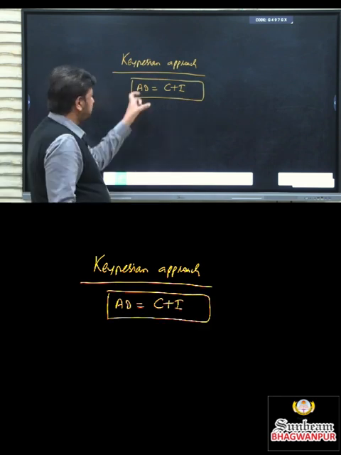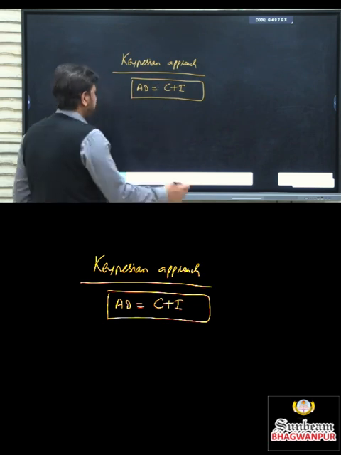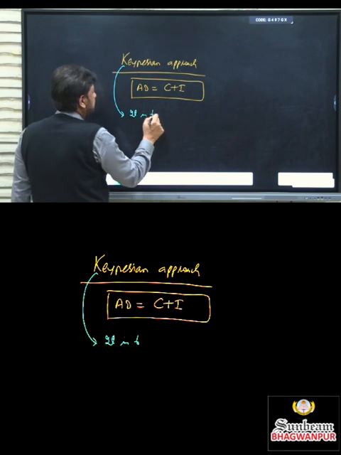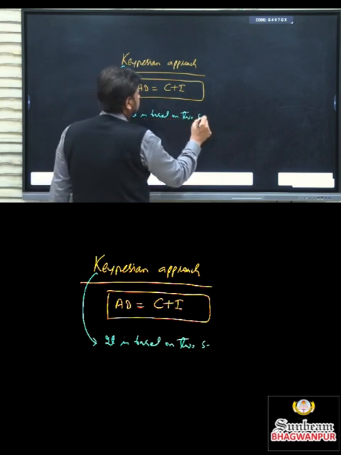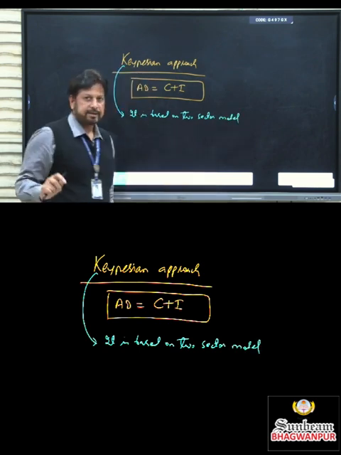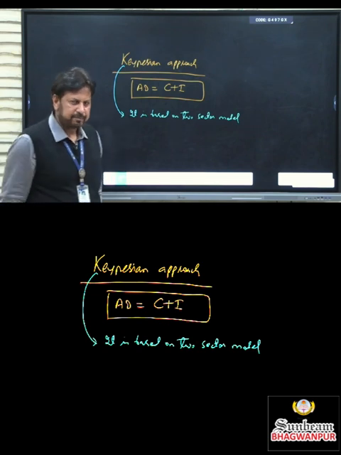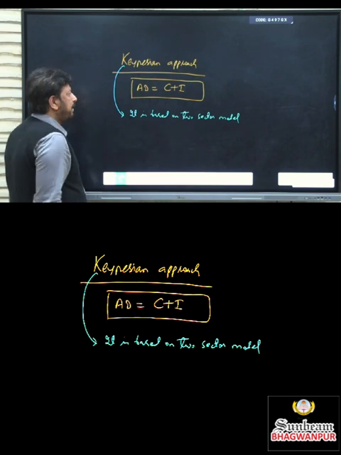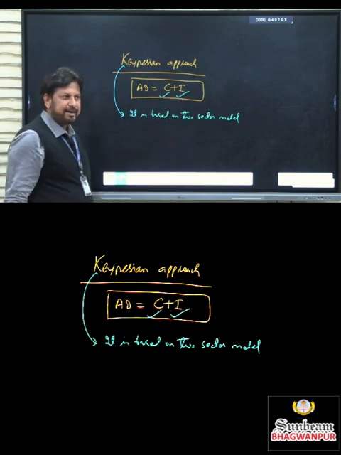In the Keynesian approach, AD is equal to C plus I. It is because it is based on the two-sector model. And you know that in the two-sector model there are only two sectors, household and firms. So in this concept of aggregate demand, we will discuss these two components, consumption and investment.